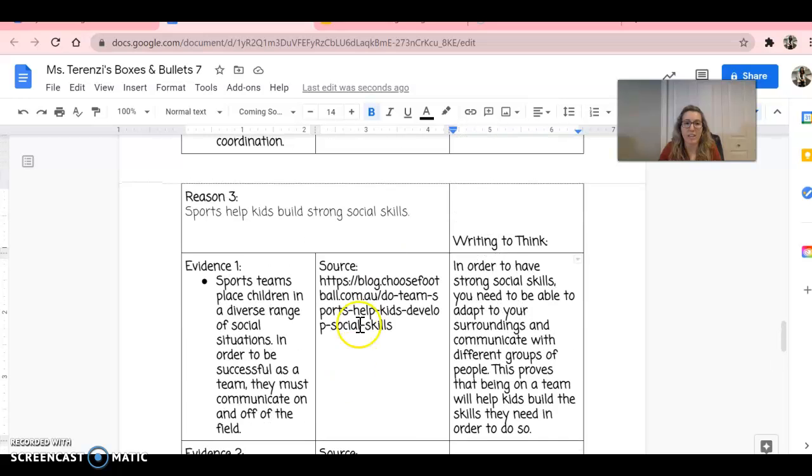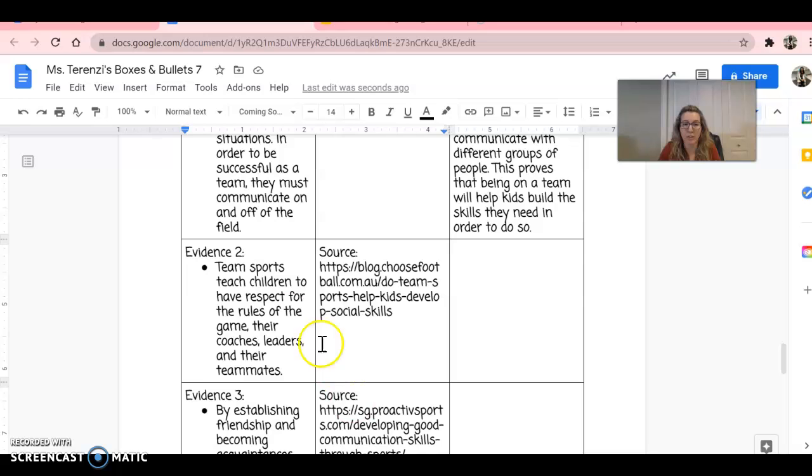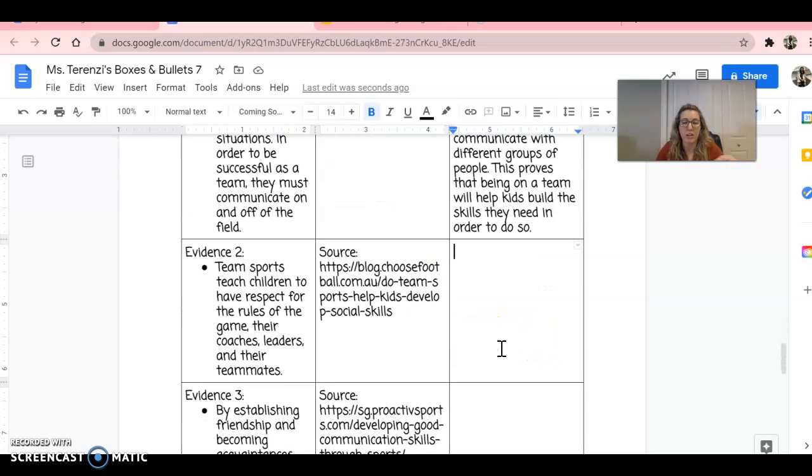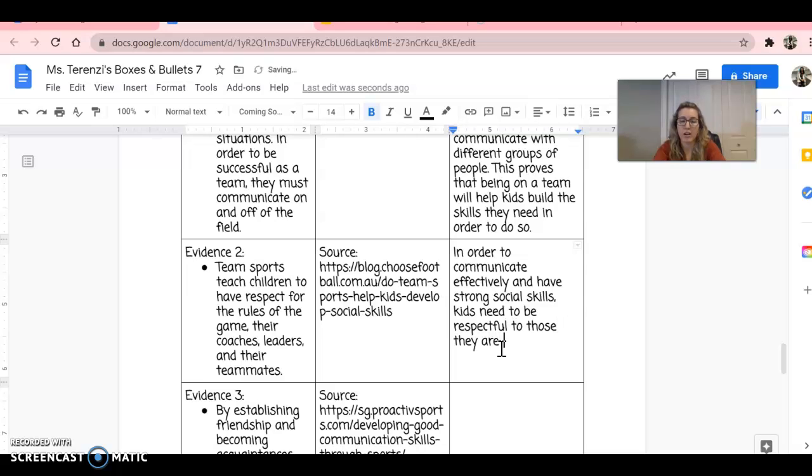I need to explain to my reader how this piece of evidence proves this reason. So I know that in order to have strong social skills and communicate well, you need to have respect for the people that you're communicating with. Since sports teams teach respect, I can prove that it will help kids to build stronger social skills. So I'm going to say, in order to communicate effectively and have strong social skills, kids need to be respectful to those they are communicating with.